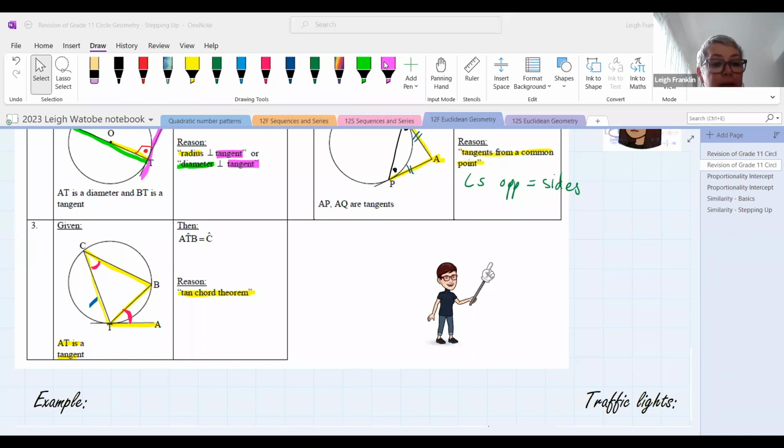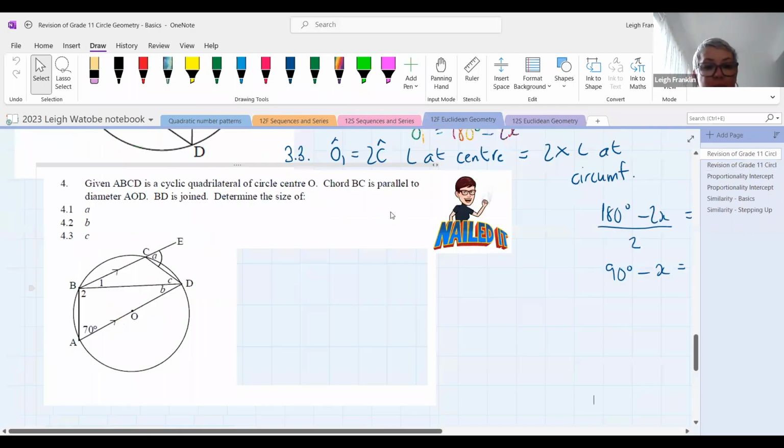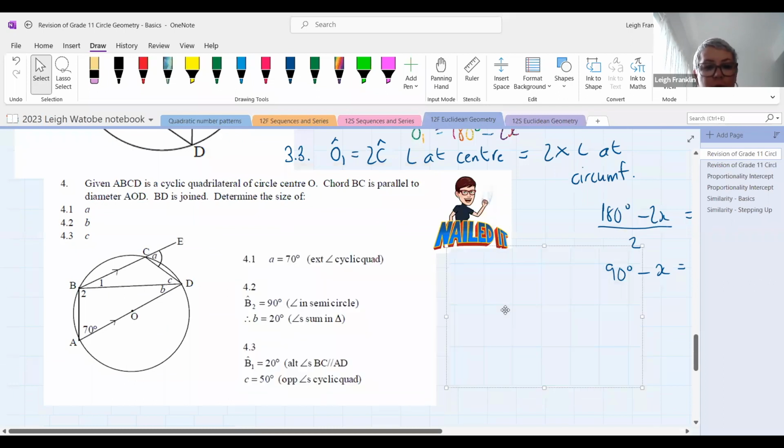Okay, yeah, hopefully everybody is taking screenshots. From last time, this was the question that I gave you that was for homework, wasn't it? All right, so here are your answers just very quickly, and then we'll continue. So you were supposed to say that A was 70 because of the exterior angle of a cyclic quad.